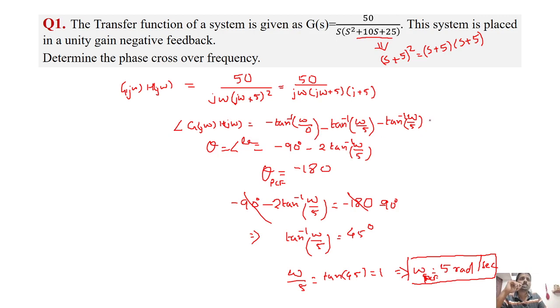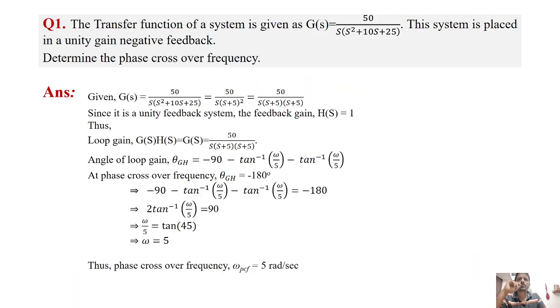We have written this angle theta, and we equate this to minus 180, and with a few computations we get the value of omega. So the phase crossover frequency that we got is 5 radians per second. Let me show the solution that I've written. This is the solution, the same thing I have elaborated now, written here. So that is the first question.